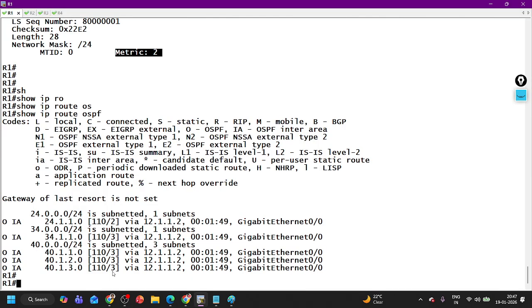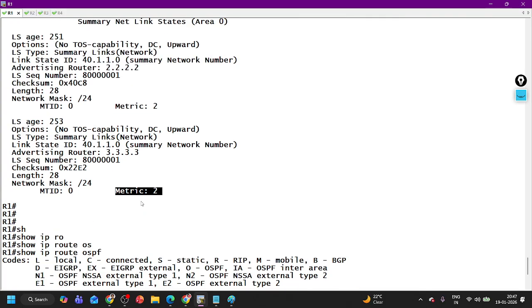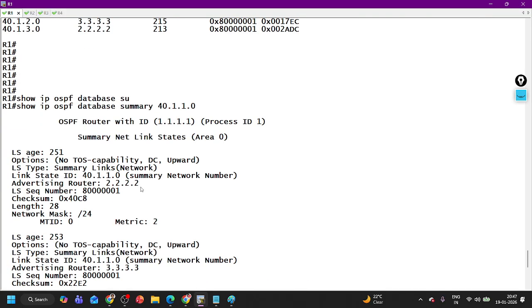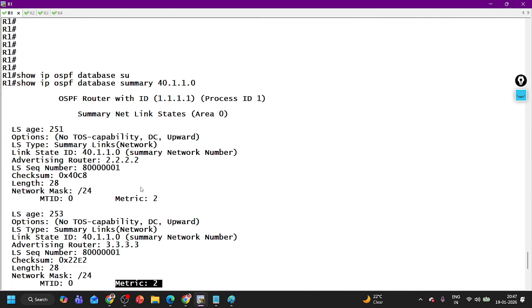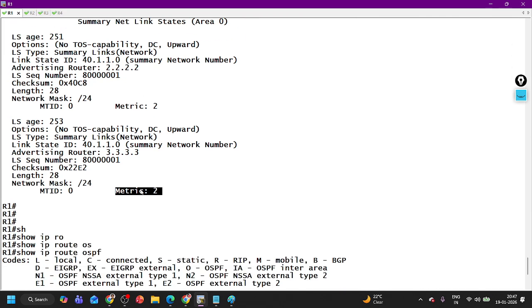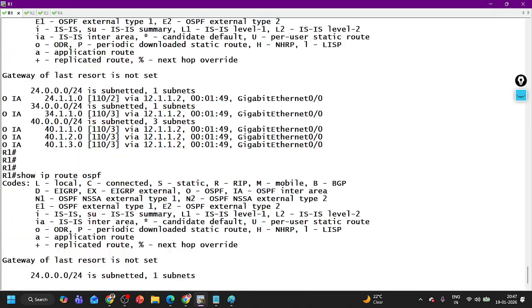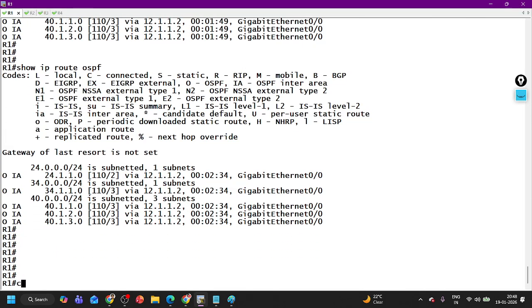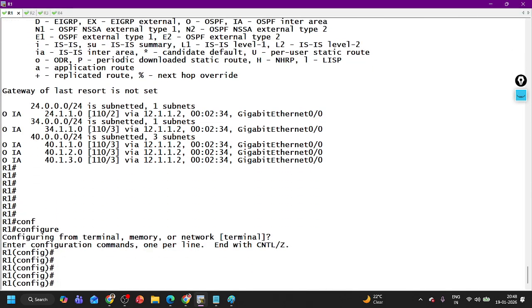But is load balancing happening? If there is a single path in the routing table, the router is not performing load balancing. The question is why? Metric 3, I think.